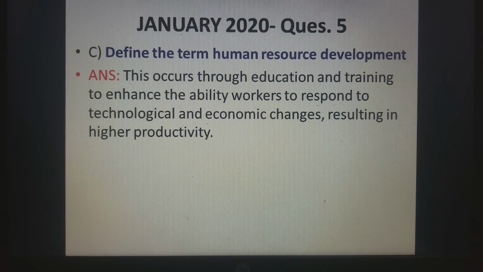So human resource development speaks to education and training to enhance the ability of the workers to respond to technological and economic changes, resulting in higher productivity. So when human resource development is taking place, then you're going to have an increase in productivity.